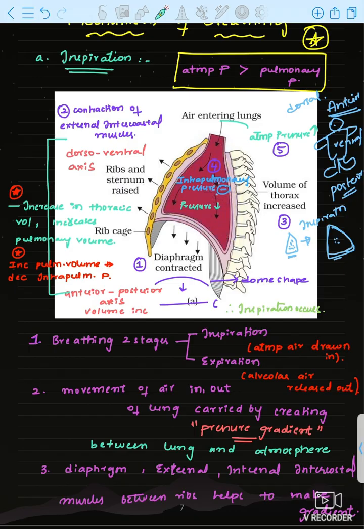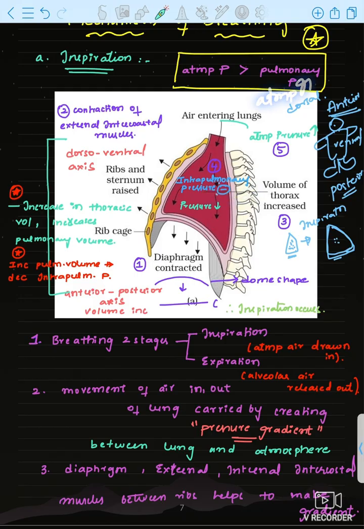So what happens? Atmospheric pressure will be more. Atmospheric pressure is generally normal, but how will exchange of gases occur? From high concentration to low concentration. It was normal before, but after inspiration the intrapulmonary pressure is decreased, so comparatively atmospheric pressure will be more.